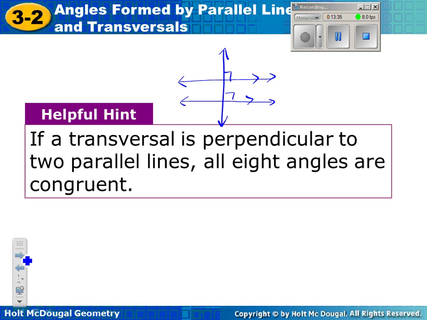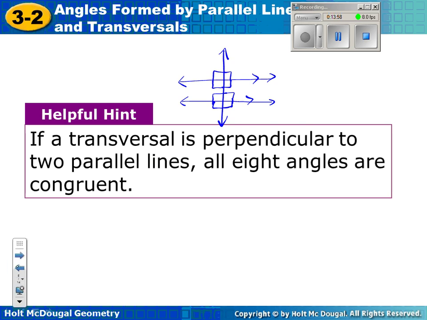Vertical angles are congruent, so what's going to be true about this angle? Right angle. This is vertical, so it's going to be a right angle. These are a linear pair, so this is going to be a right angle. And eventually we worked our way around and we have how many right angles? Eight right angles. How many different measurements do we have? One measurement. They're all 90, right?